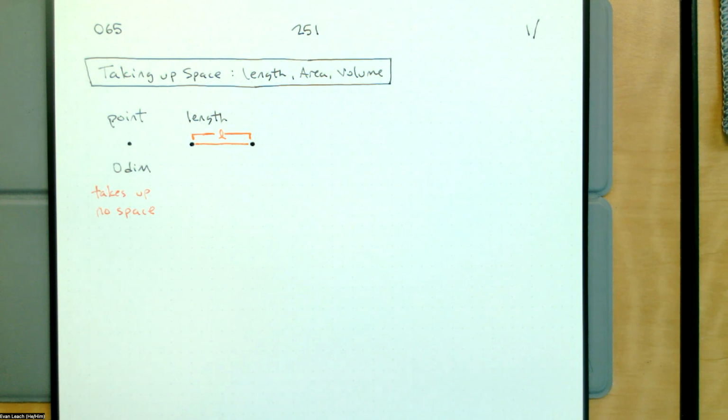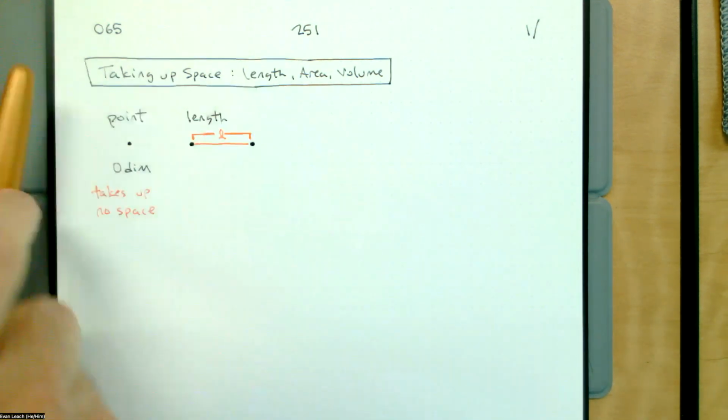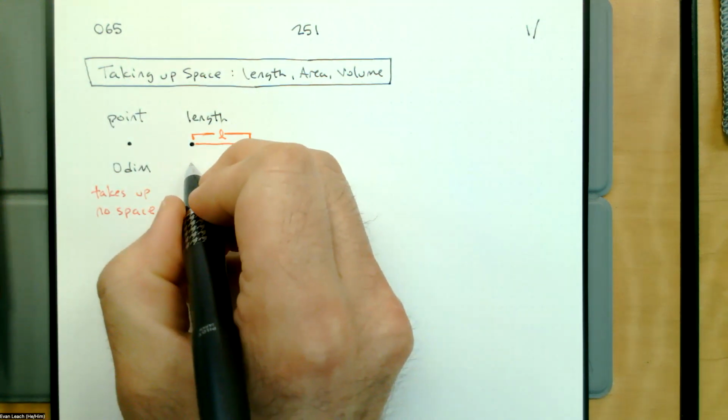We want to think about taking that point that we started with and dragging it along our first dimension into an interval that has a length. We drag our starting point. Oh, and this is one-dimensional.